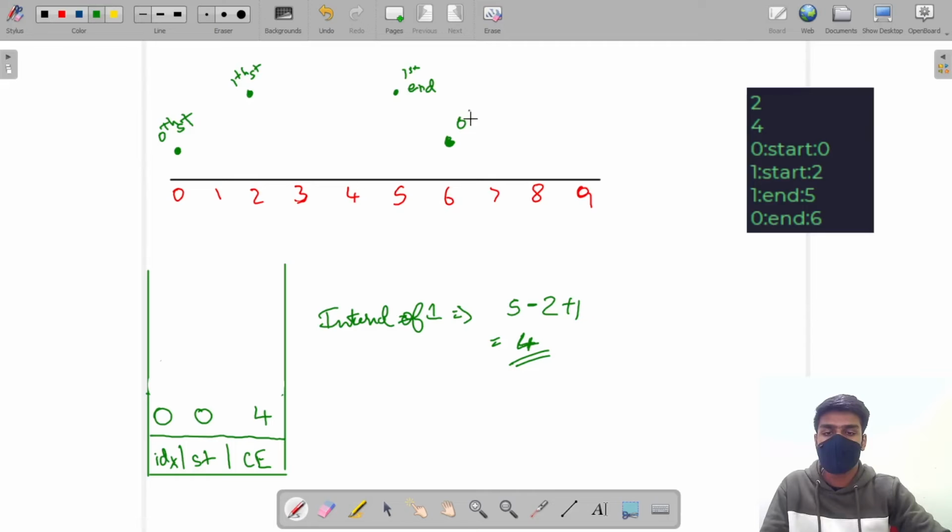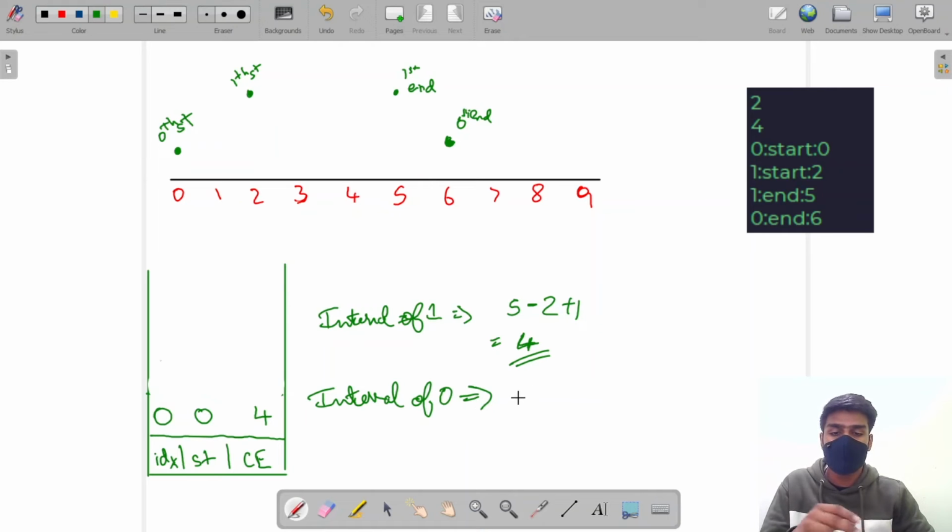0 ended at 6. So now we will pop this out and see what we get. First, the interval of 0 is ending point minus starting point plus 1: 6 minus 0 plus 1 is 7 only.